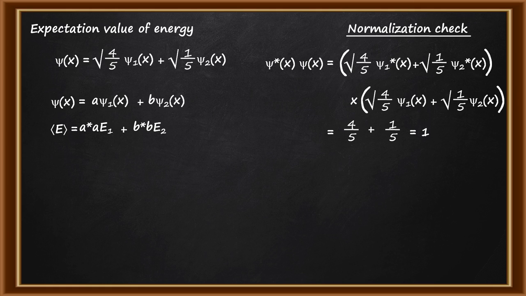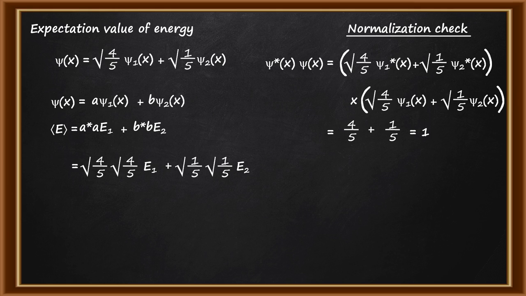E1 and E2 are the energies corresponding to the ground and the first excited state. So here a is square root of 4/5 and b is square root of 1/5. So we'll put the values here. So this will be equal to square root of 4/5 into square root of 4/5 E1 plus square root of 1/5 into square root of 1/5 E2.